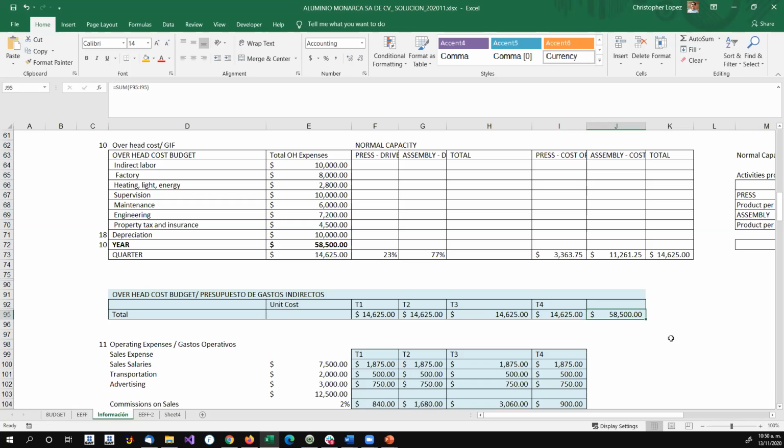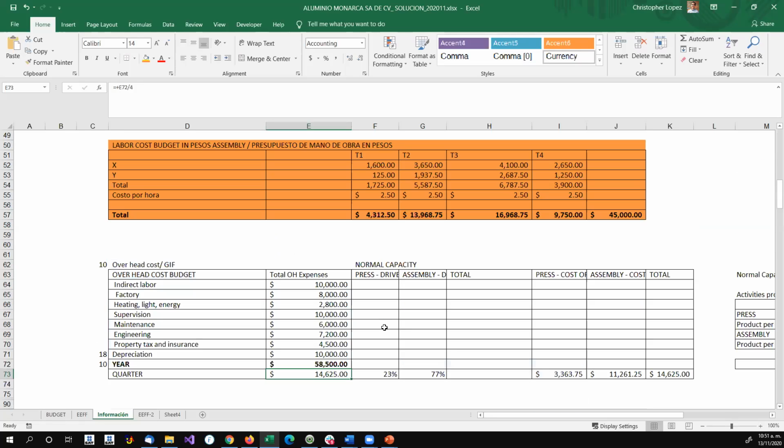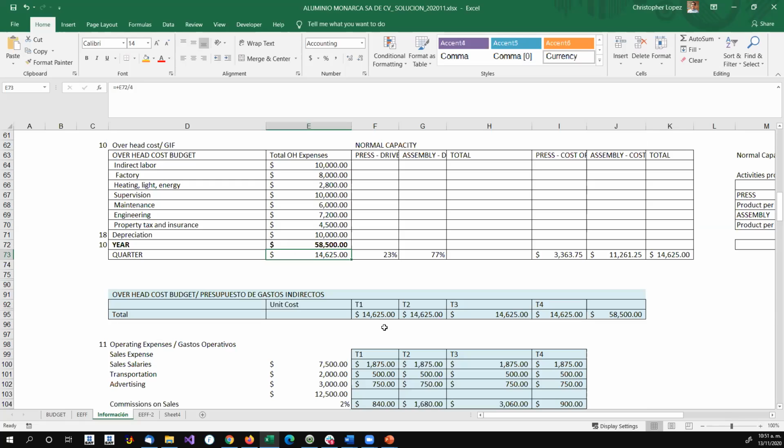Yeah, I didn't understand how you got the 14,000. I just divided the 58,500 by 4 because they are giving me a yearly value. Oh, okay. And teacher, do we calculate that like we do all the table above, or just the budget? I don't understand the question.